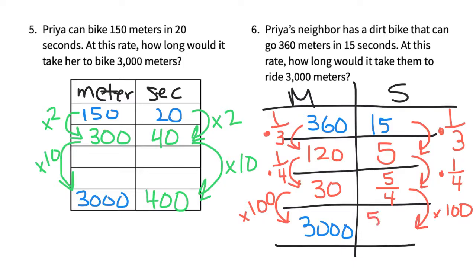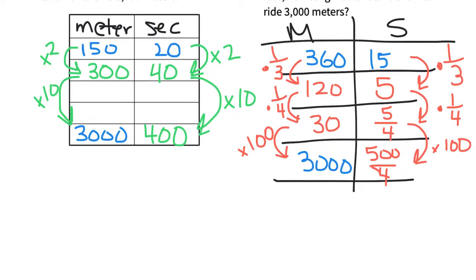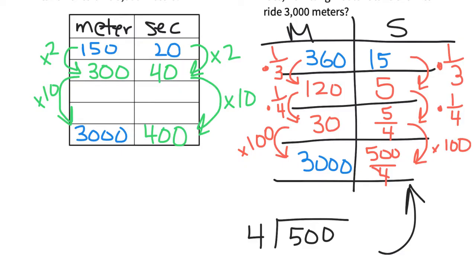That gives us 500/4. I would need to do a little bit of division to figure out exactly how many seconds that is. All we have to do is 500 divided by 4, and that'll give us the number of seconds.